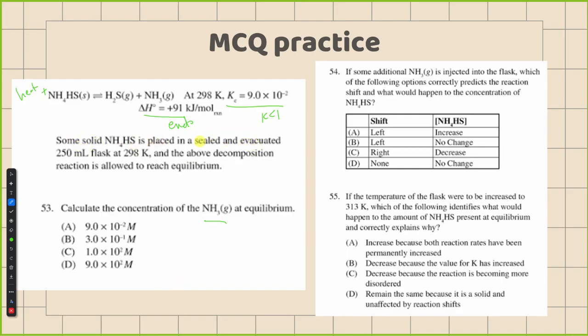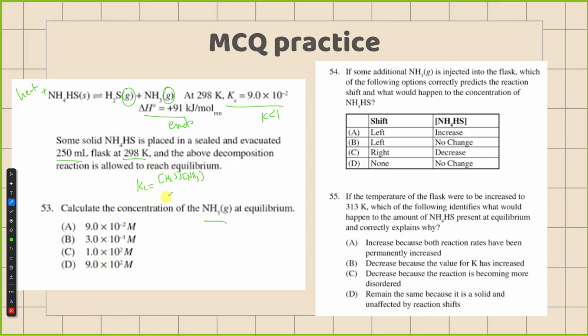Some solid was placed in a sealed evacuated 250 milliliter flask. The above decomposition reaction is allowed to reach equilibrium. Let's see here. All right, so Kc basically is going to be the concentration of the H2S times the concentration of that. And there's only the 2 gases in it, so there's nothing on the bottom.